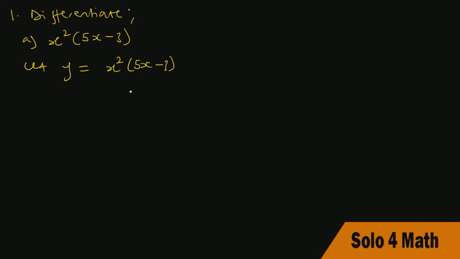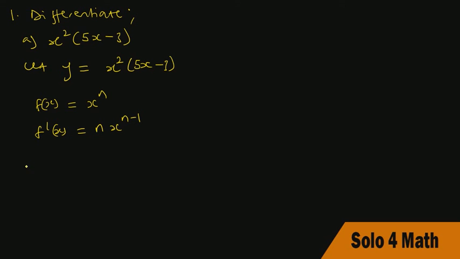Remember, so far we know the derivative of a function of x of the form x to power n is n: the n drops, the power of x drops, and then we reduce the power by 1. So we need to expand this so that we have terms in this form.